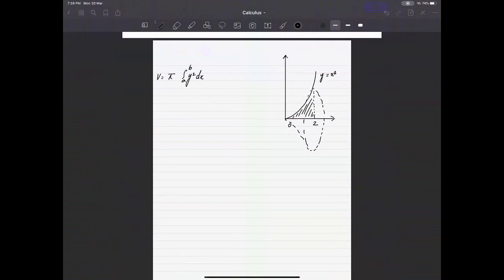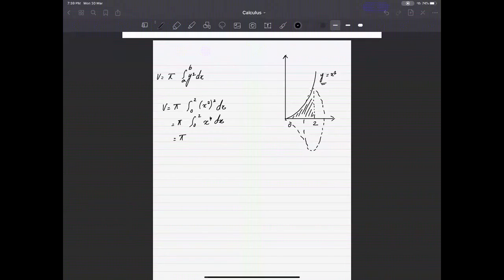So if it's y squared, and since you already have y as x squared, when you try and apply this formula, guys, how would the formula look like? Volume equals pi integral, the lower limit is 0, the upper limit is 2. In place of y, I'm going to write down x squared, having a whole square over that. And this becomes pi integral 0 to 2 x to the power 4 dx.